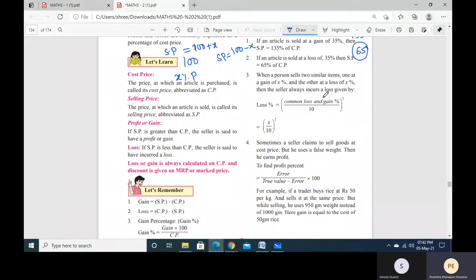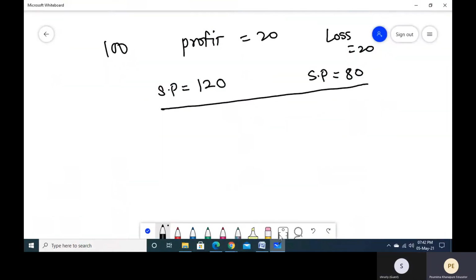Every time the seller is in a loss, because in the second transaction he has a loss of 20%. So only 80% he gets. Here it's 100 rupees, and here that was 100 rupees. Here he gained 20 rupees, and here he lost 20 rupees.